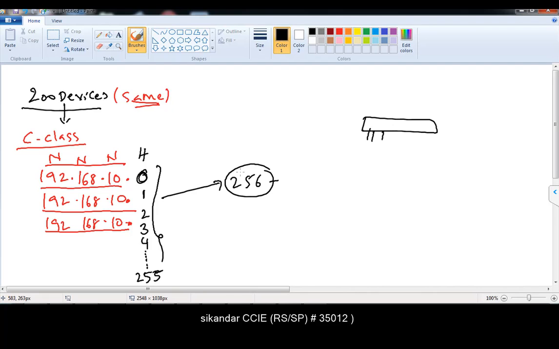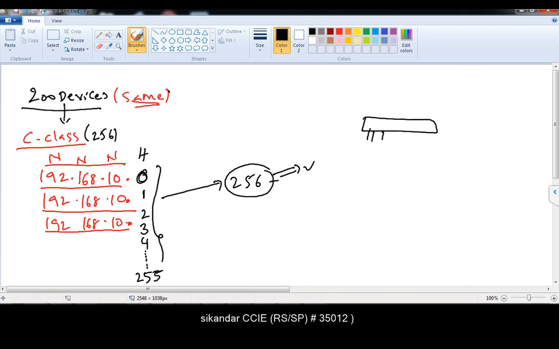Okay, so in a C class network how many addresses do I get in one network? Around 256 addresses. So if you have a requirement of 200 to 250, or anything less than that, probably C class is more applicable. So C class supports 256 addresses in general.